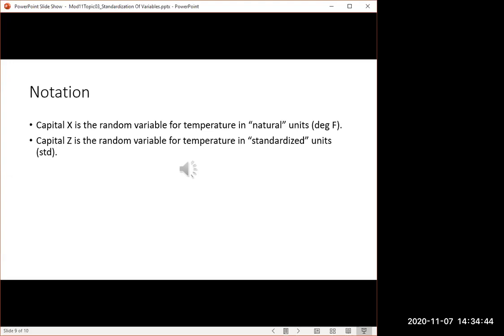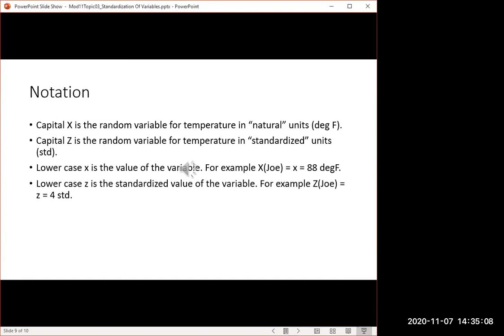You give Z a Martian as input, and it gives you out that Martian's temperature in STDs. Those are the capital letters, and the corresponding lowercase letters are for the value of the variable. So capital X applied to Joe gives you back a temperature little x, which would be the 88 degrees that we observed. The lowercase z is a value for the variable capital Z.